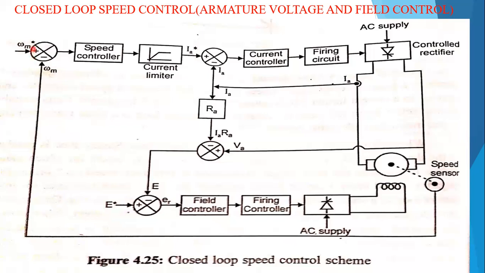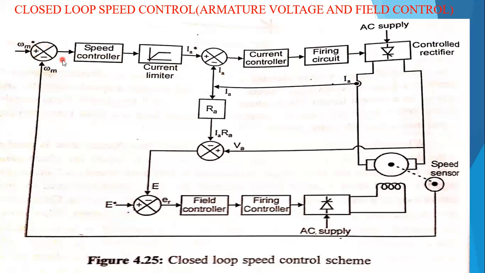The speed error omega m star minus omega m is corrected at maximum permissible armature current until the speed error becomes small.